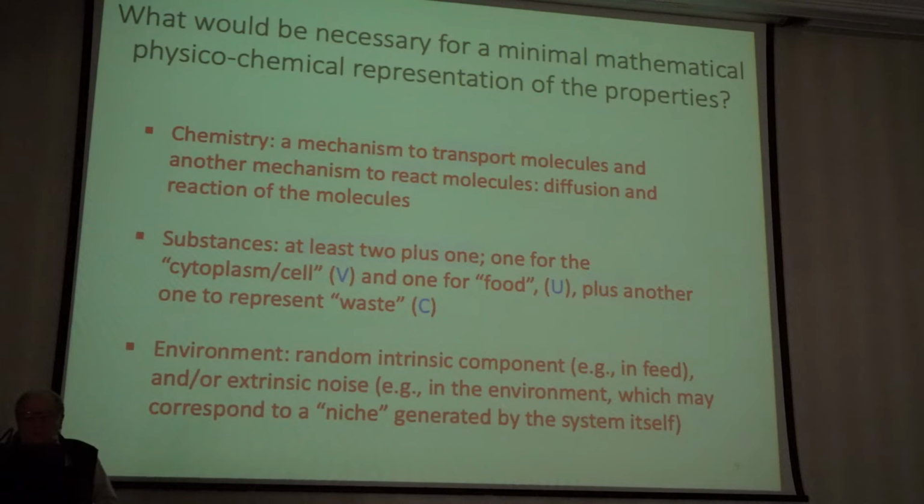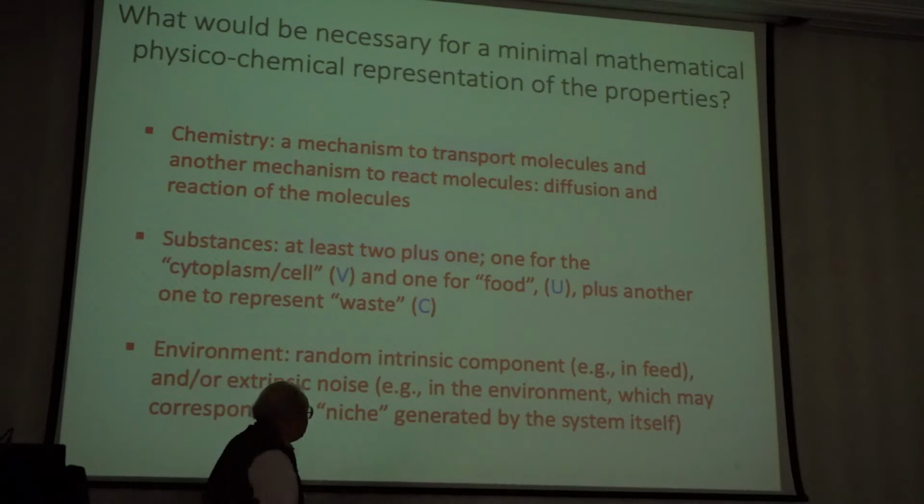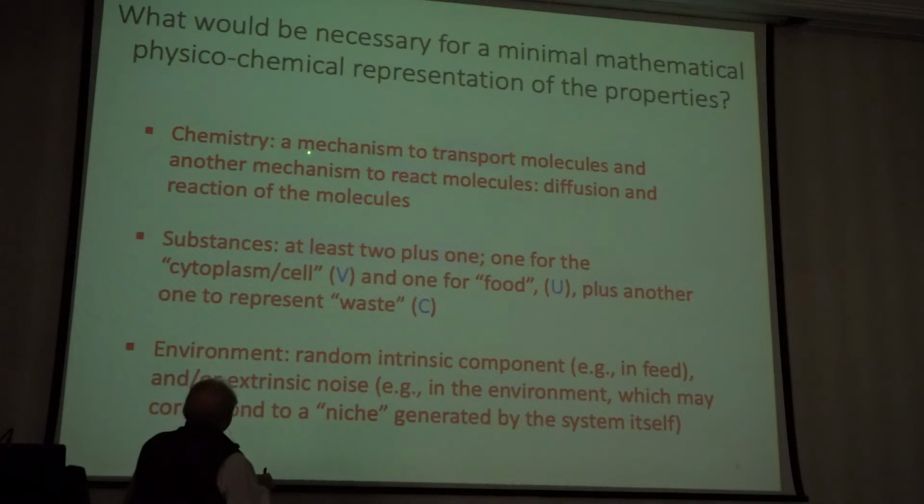Well, you would want to write the minimal system. I don't want to call it the spherical cow, but the minimal system would require something which incorporates the notions of chemistry, like a mechanism to transport the molecules, diffusion, for example, and another mechanism to react molecules.